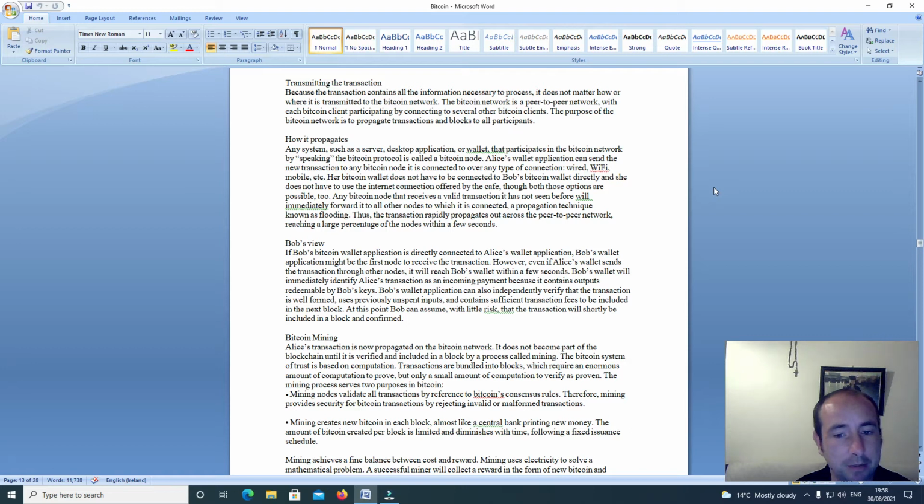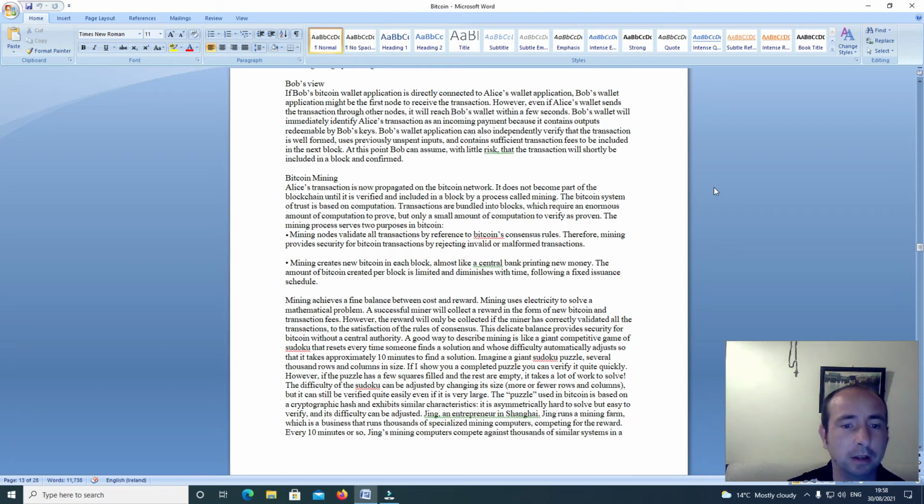Bob's wallet application can also independently verify that the transaction is well formed, uses previously unspent inputs, and contains sufficient transaction fees to be included in the next block. At this point, Bob can assume with little risk that the transaction will shortly be included in a block and confirmed.